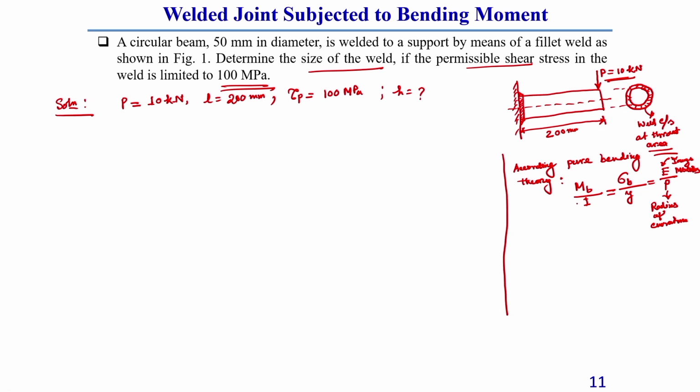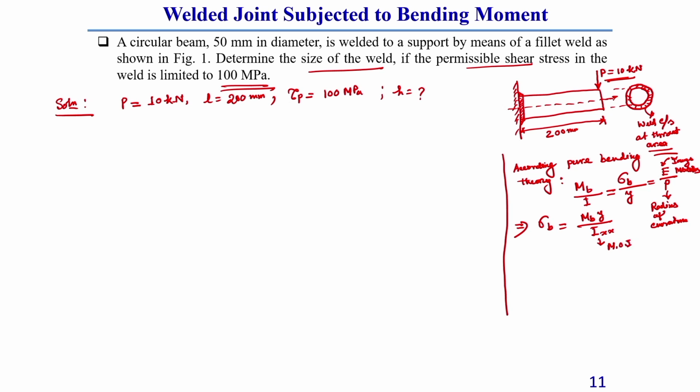Sigma B is called bending stress, Y is called distance. So, by this relationship we can find out bending stress is equal to M B Y by I. Here I is moment of inertia about the x axis.